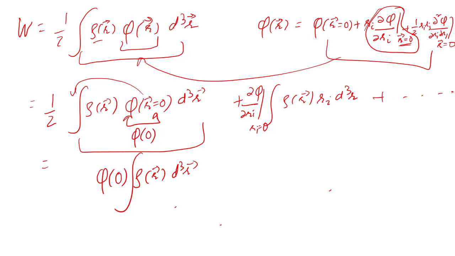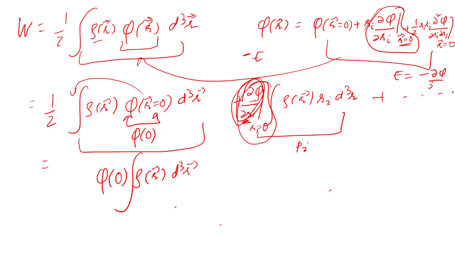Now if I look at this, this is the dipole moment that we defined as pi, right? And then I have here a derivative, dou phi by dou ri, which is essentially the negative of the electric field, because the electric field is the gradient, dou phi by dou r, right? So here I have dou phi by dou ri, so I have the electric field value at r is equal to 0 with a negative sign because of the gradient.